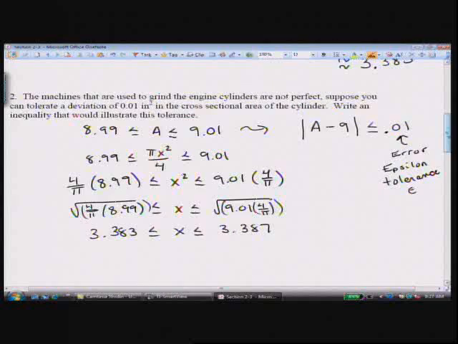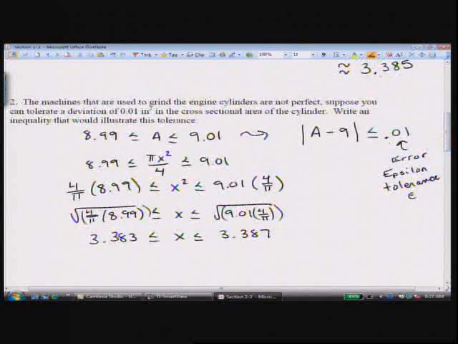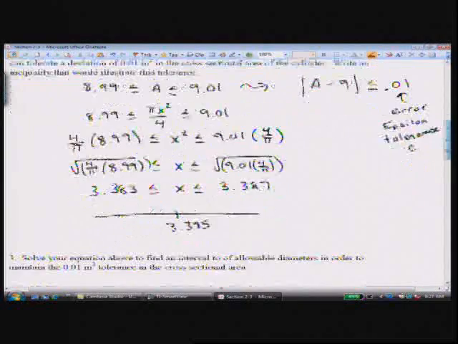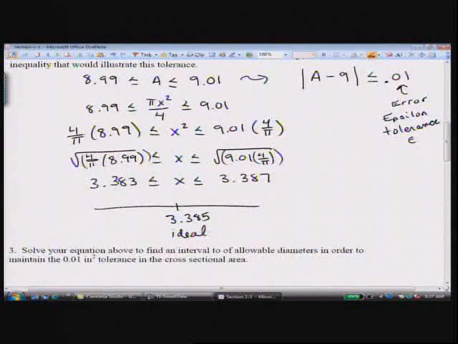Now, what was the ideal? This 3.385 was if I was using 9. Now, it wasn't ideal because we couldn't. The ideal was 6 over the square root of pi, right? But let's just say to 3 decimal places, 6 over the square root of pi was 3.385. So 3.385 was the ideal, 3.387 is on this side, and 3.383 is on that side of the ideal.